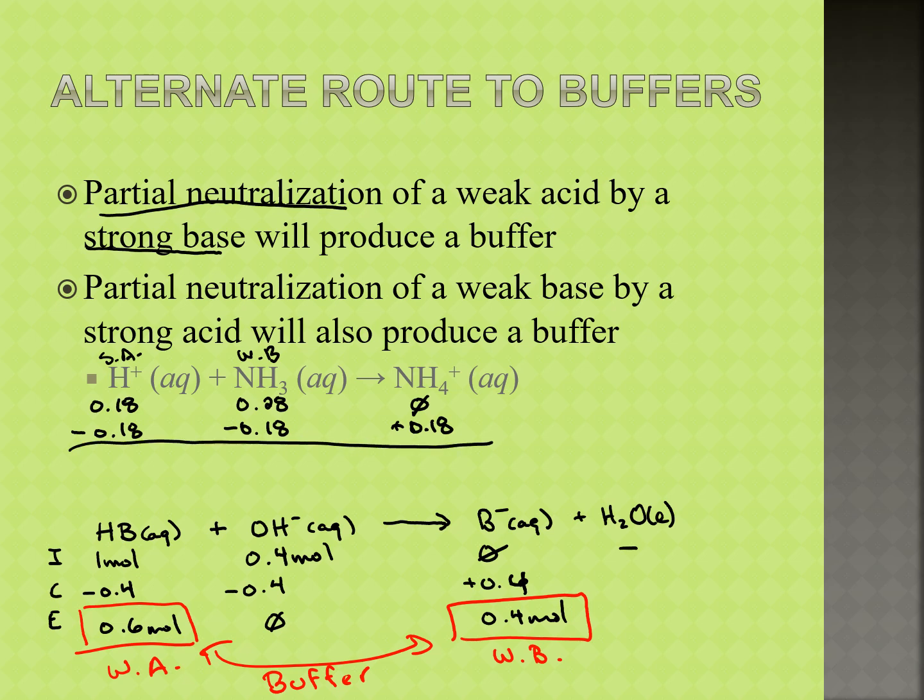At equilibrium, we'll have used up this strong acid, but we're going to be left over with 0.1 moles of the weak base, and we're going to have made 0.18 moles of weak acid. So we have a weak acid and weak base. We have made a buffer.